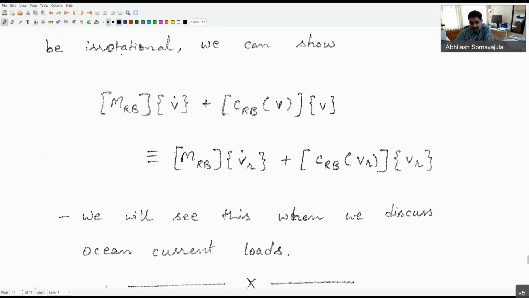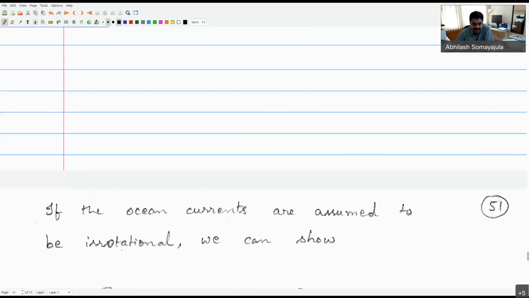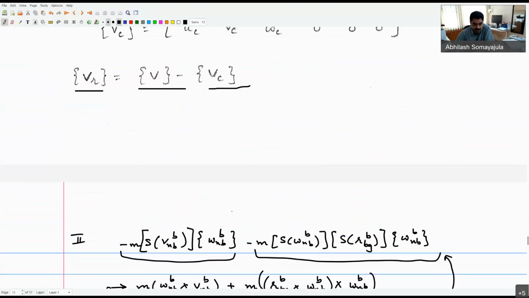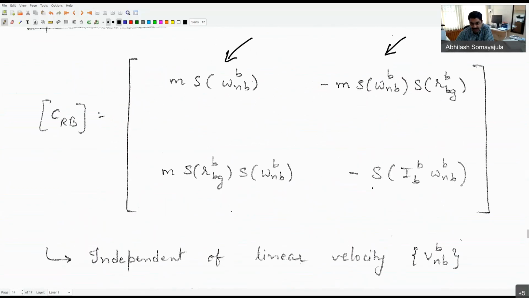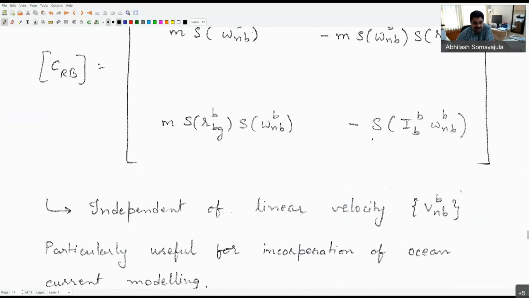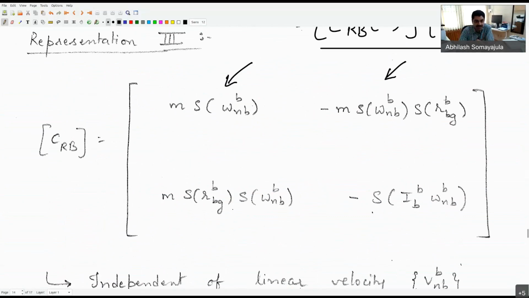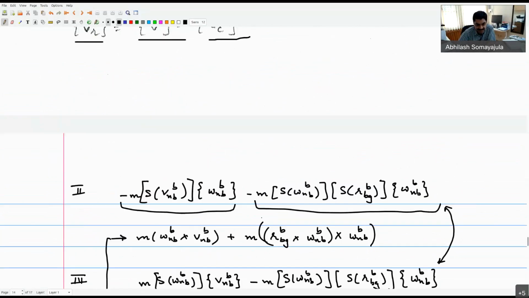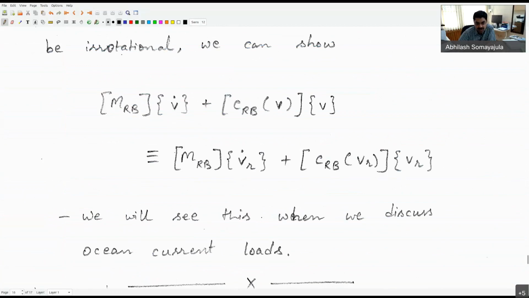But for now, just keep in mind that this third representation, because it does not have linear velocity in it anywhere, allows us to incorporate the ocean currents into the same modeling without having to change any of the existing modeling. The idea here is that due to the incorporation of the currents, the CRB matrix itself is not changing.